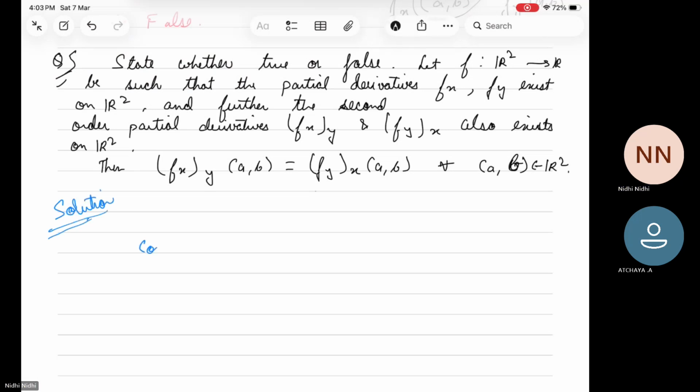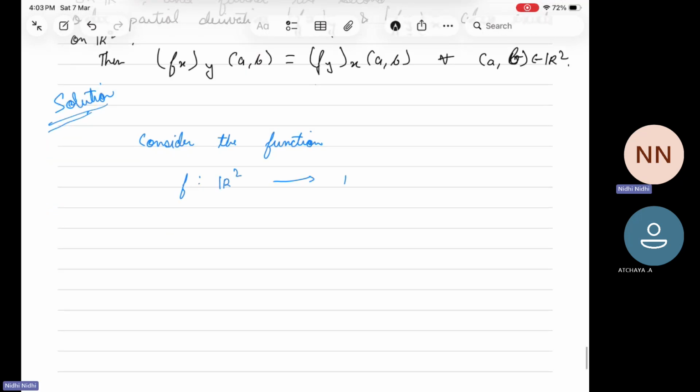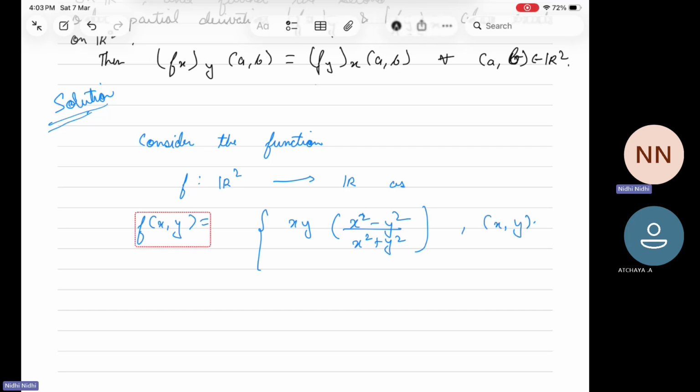Consider the function f defined from R2 to R as f(x, y) equal to xy times (x square minus y square) upon (x square plus y square), whenever (x, y) is not the origin, and it is equal to 0 whenever (x, y) is the origin.